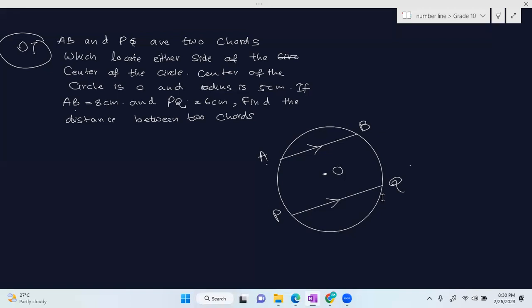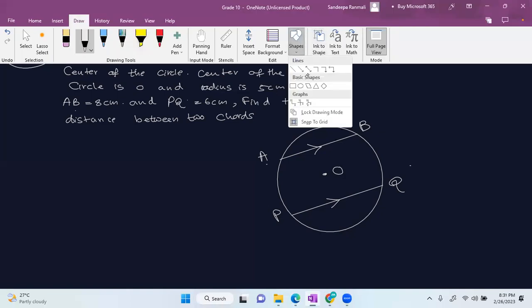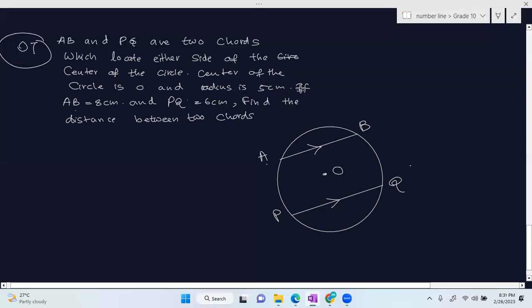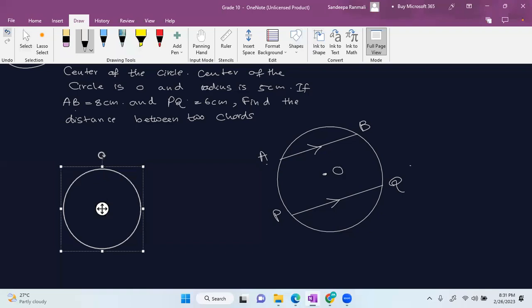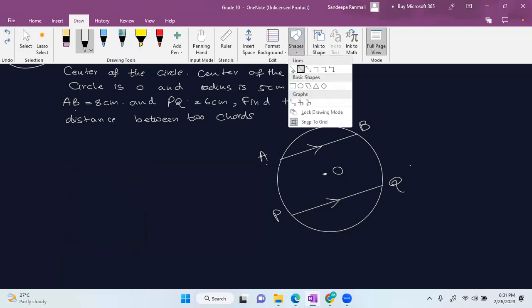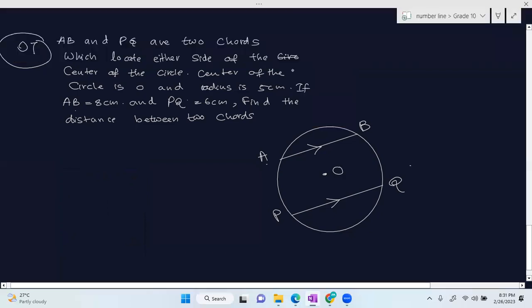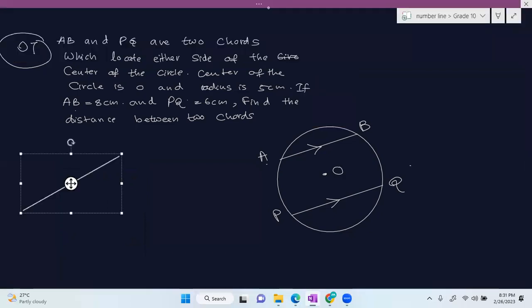The secret behind this is something you don't know, sorry it is not. You have learned about straight line segments, and you have learned about the parallel straight line segments, isn't it?